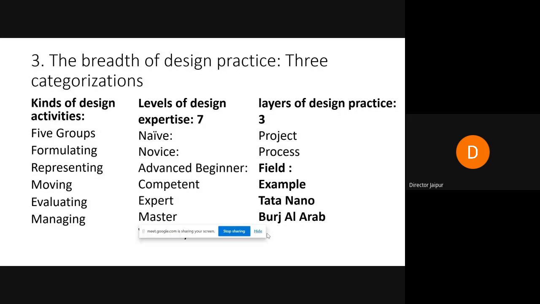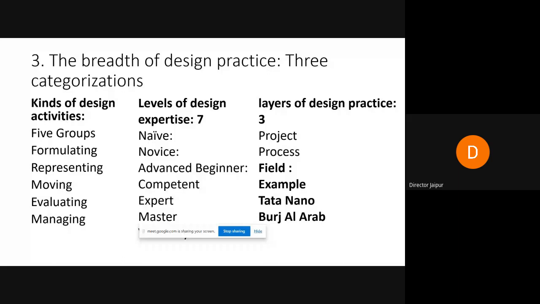Similarly, the Burj Al Arab in Dubai, they opened this wonderful building. They started actually from scratch. They had to deal with the sand. They had to deal with the wind. They had to deal with how deep they had to dig.